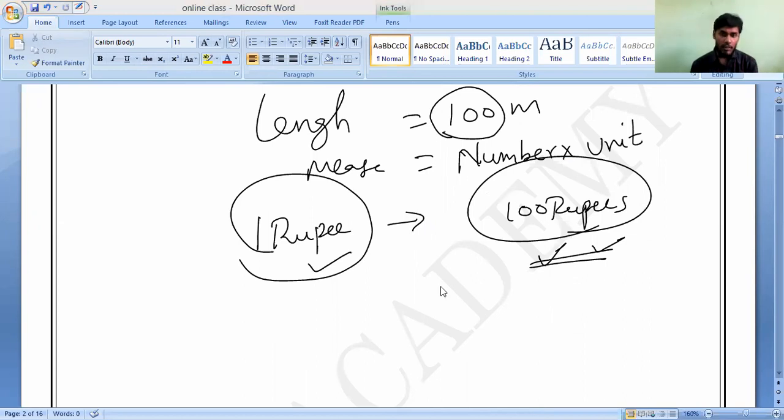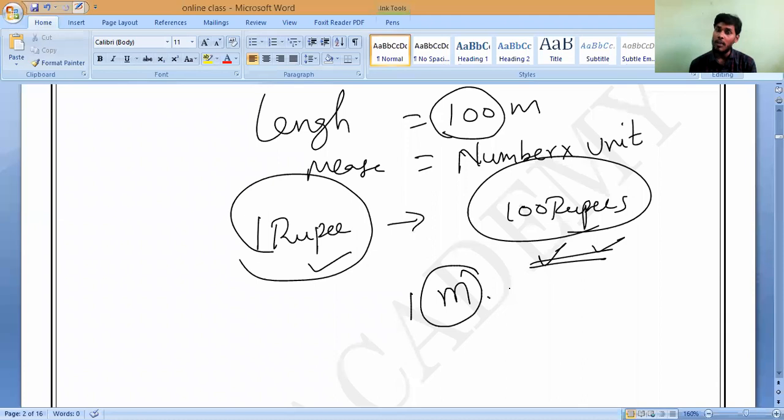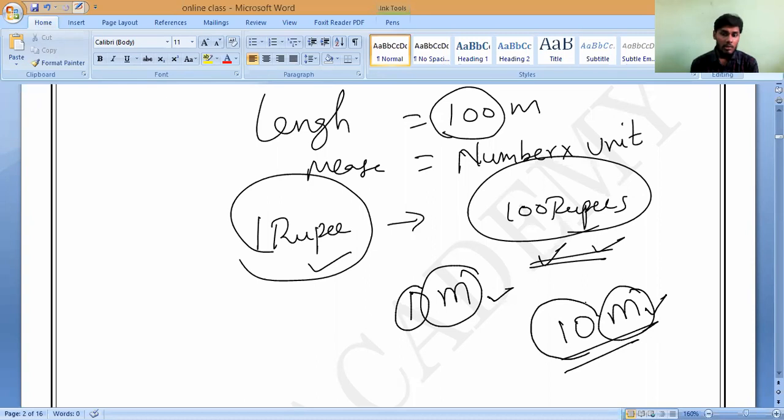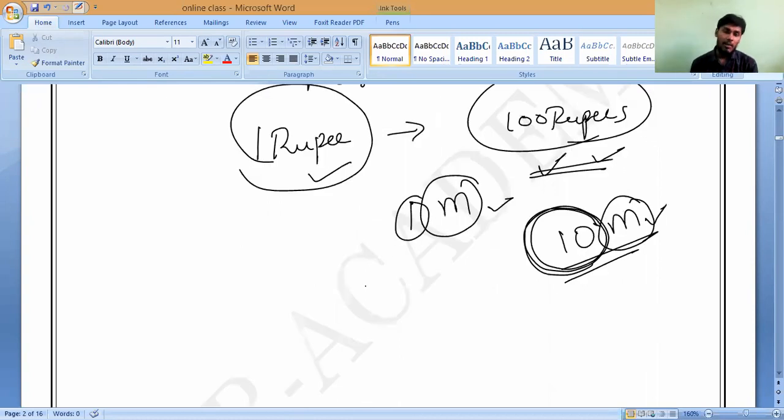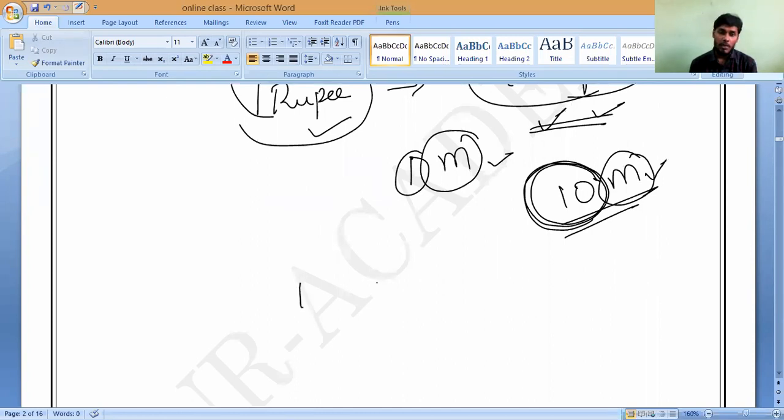So like that, if we take 1 meter, I am considering the unit of length 1 time. Suppose I have written 10 meters. What does this mean? It means the unit of length is considered 10 times, that is 1 meter plus 1 meter plus 1 meter, and so on, 10 times.